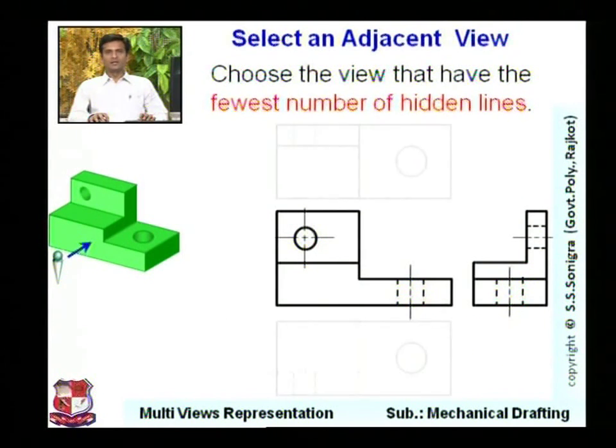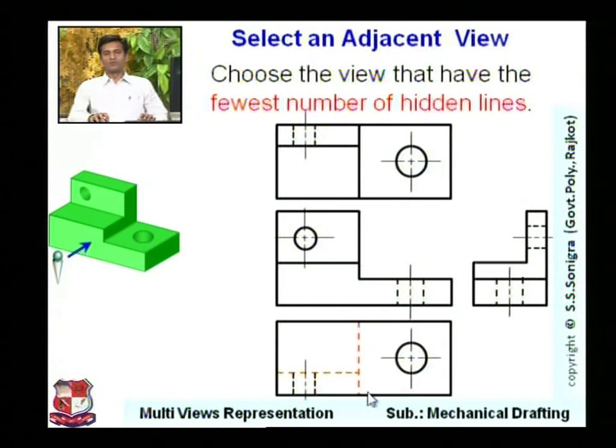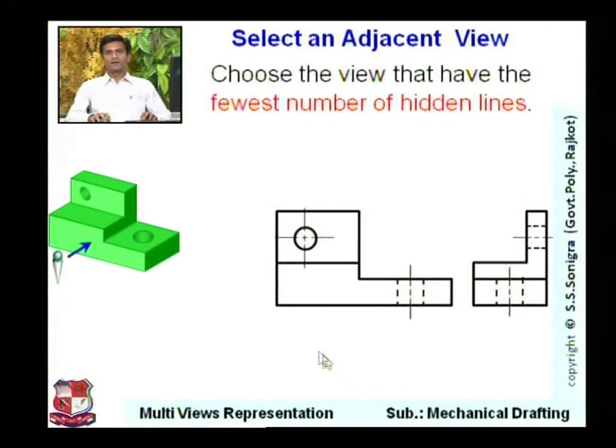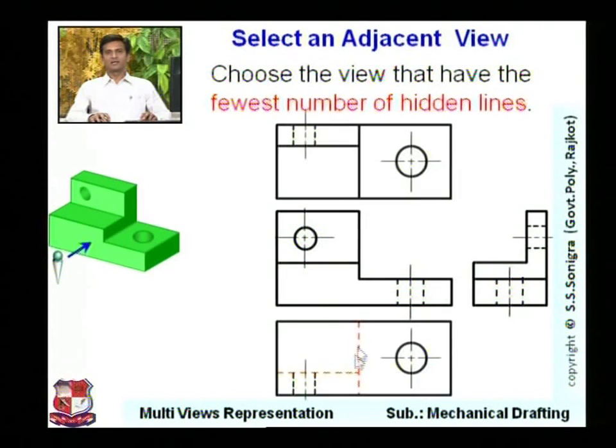Similarly, the other two views, top view and bottom view. Now tell me which view should we select, this upper one or lower one? Think of it. For that, think about the number of dotted lines in both the cases. You can see here the number of dotted lines. This is the dotted line, which is a full line over here.